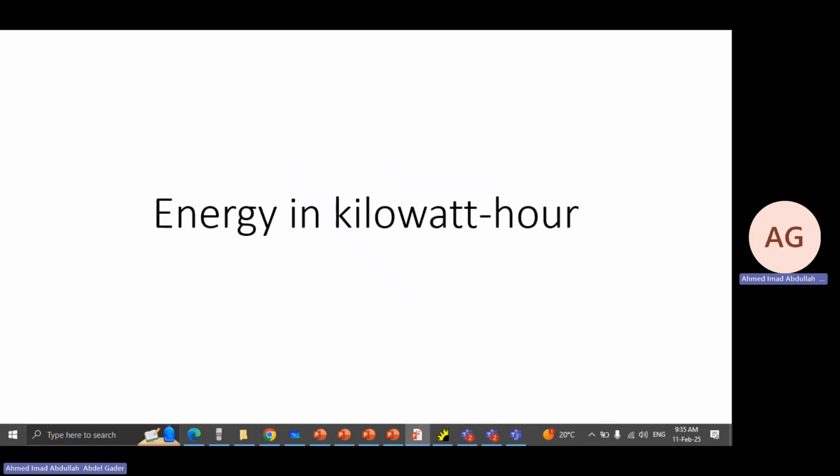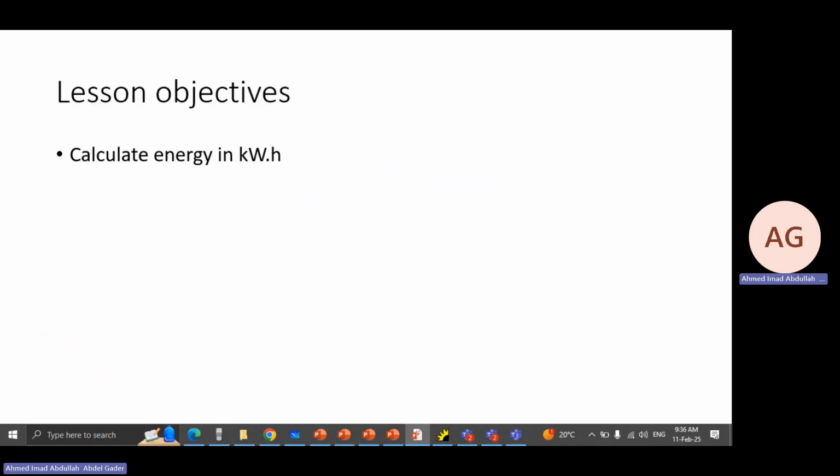Energy in kilowatt hours. It's handy in calculating the cost of electricity. Energy equals power times time. Energy is usually in joules if power is given in watts and time in seconds. Alternatively, we can use another unit, which is the kilowatt hour, where power is given in kilowatts and time in hours.